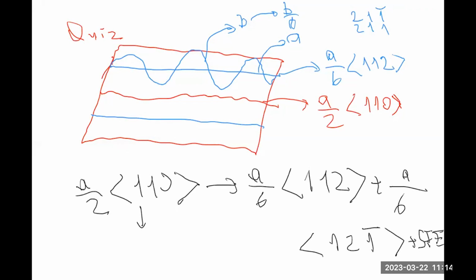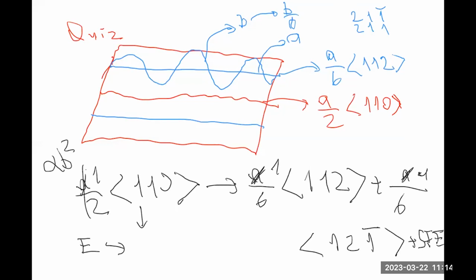What is the energy of this part? A over 2. So let's normalize them. Let's say this is not A, but 1, 1, and 1. So the energy is just proportional to b squared, right?